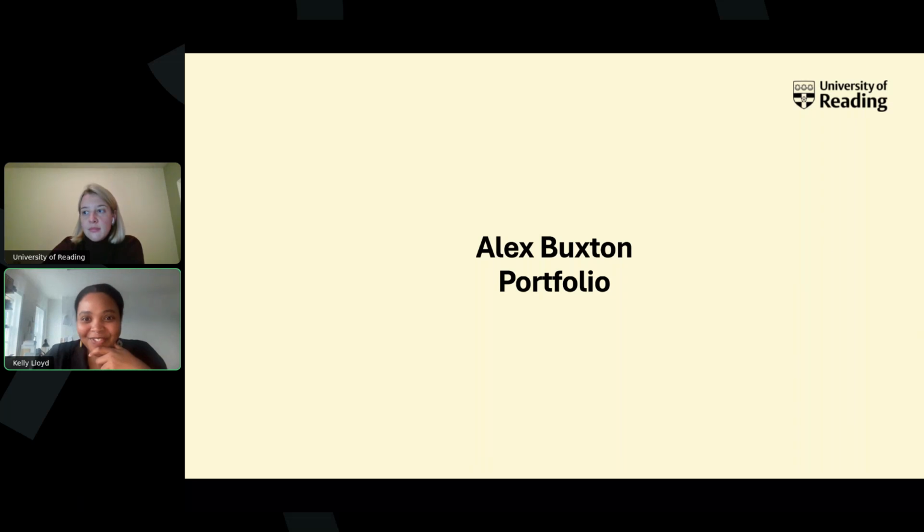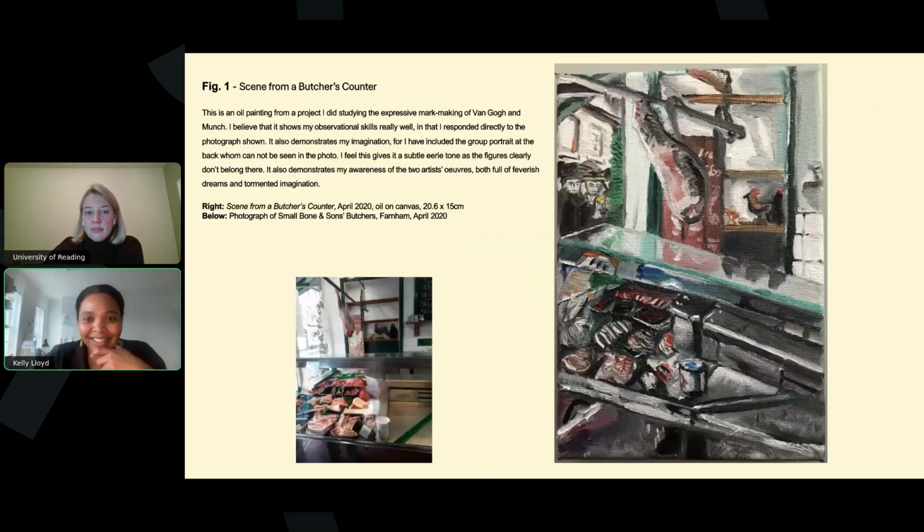So here is a slide from Alex's portfolio. You can see on the left that he included a source image right next to his painting. This is quite useful for us to see your process of working.